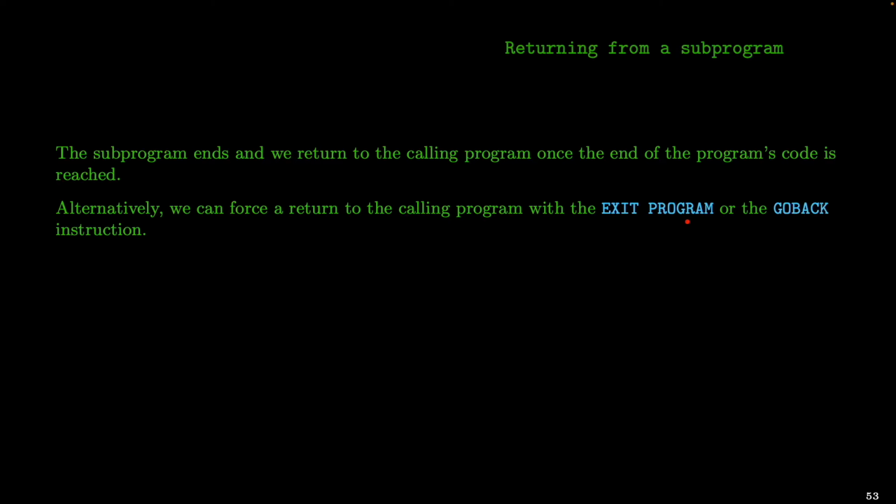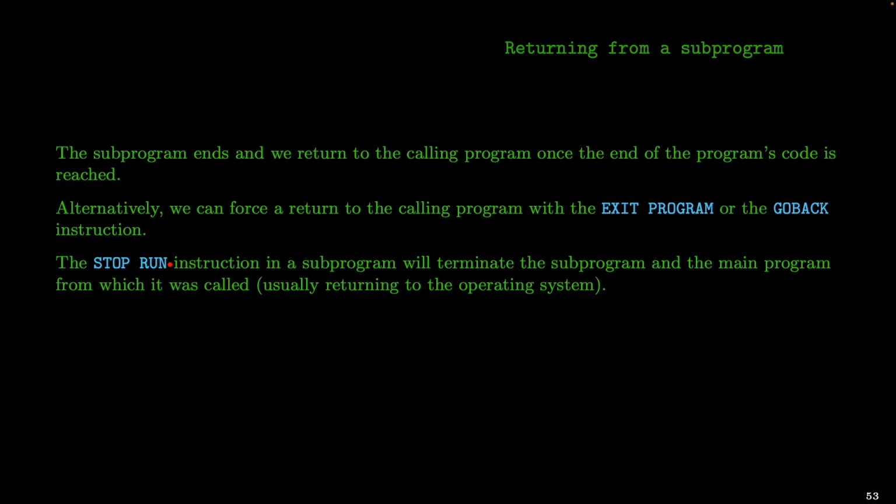So either of these instructions does that. You can also call stop run from a subprogram, but this will not return you to the calling program, it will terminate the main program as well. So this is like an exit 0 in C. You will be returned to the operating system if you call that.